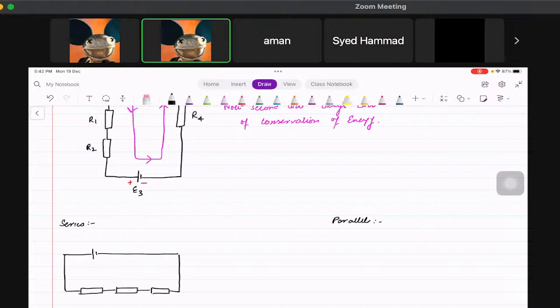So if this is the EMF E, this is resistance R1, R2, R3, and the current is I. Each one of these will have voltage V1, V2, V3, like that, right?